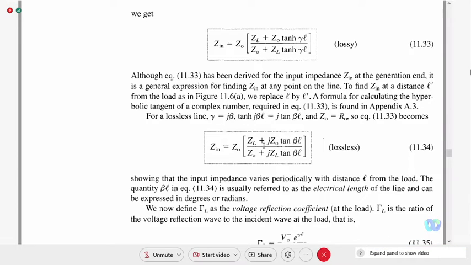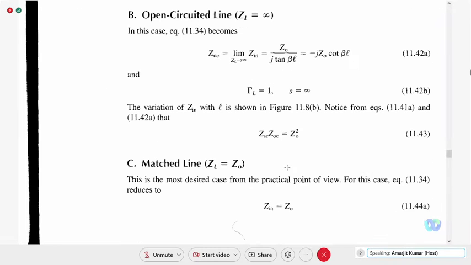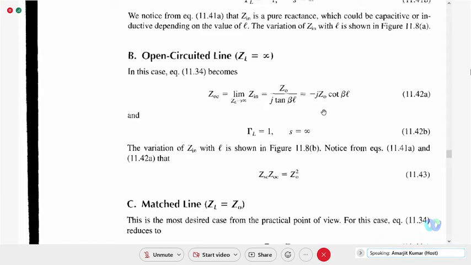It will be Z naught divided by j tan beta L, if ZL tends to infinity, because we can divide by ZL, so 1 plus 0 in the numerator, and in the denominator 0 plus j tan beta L. So Z naught by j tan beta L, so minus j Z naught cot beta L.